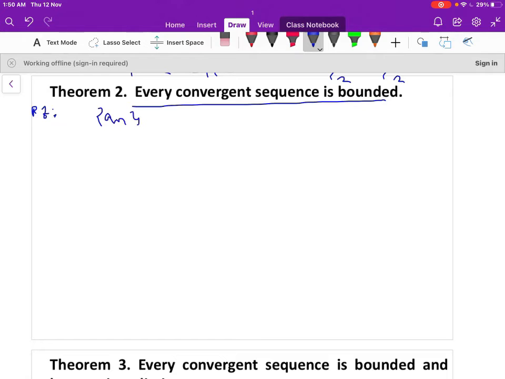Suppose that a_n converges to L as n tends to infinity.